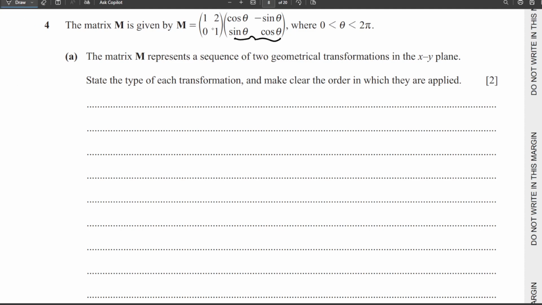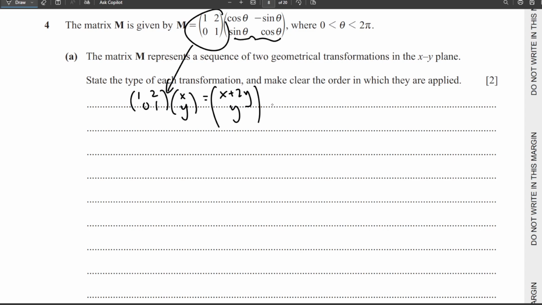If I transform it on the xy, you will get row column, so x plus 2y, and row column is just y. So the x becomes x plus 2y, but the y remains the same.